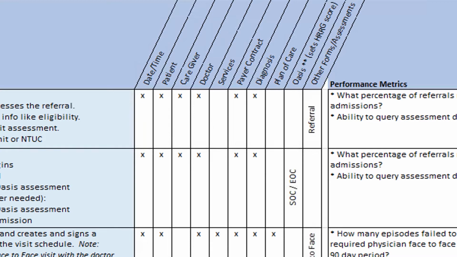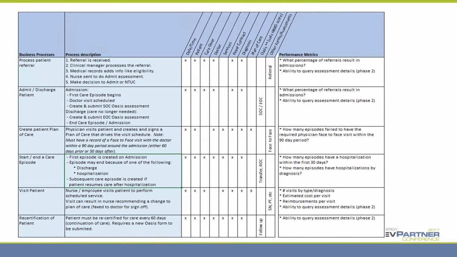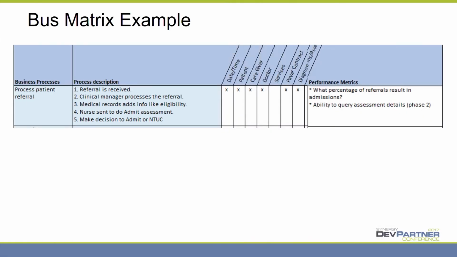Now, I usually add a few other columns to my table just to make it more of a working tool. In particular, I have a column where I go into a little more detail of the process description, and that helps me make sure I'm on the same page with the client. And then I put in a final column that is the performance metrics, which is not all-inclusive.